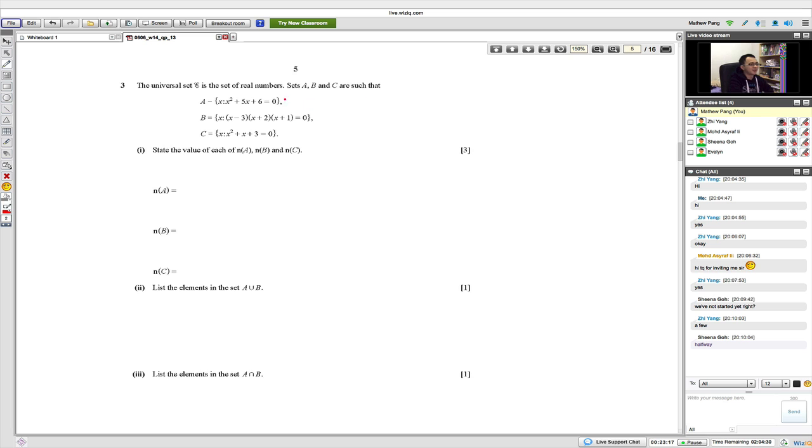So I will solve the equation for A first. Maybe I solve somewhere here. Maybe I use black color. So this one for A, if I factorize, I will get x plus 3, x plus 2 equals to 0. Okay, I cannot write equal.